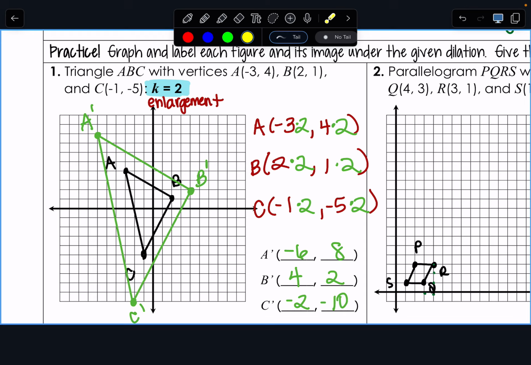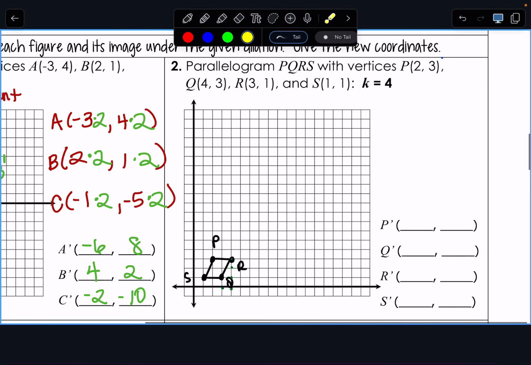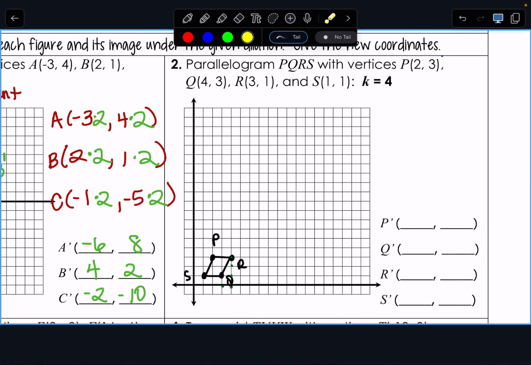What is true about my green triangle compared to the original? It's 2 times bigger. Yep, so we call them similar figures. Now, in number 2, do we have an enlargement or a reduction?